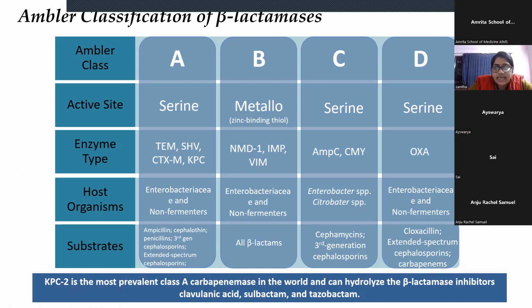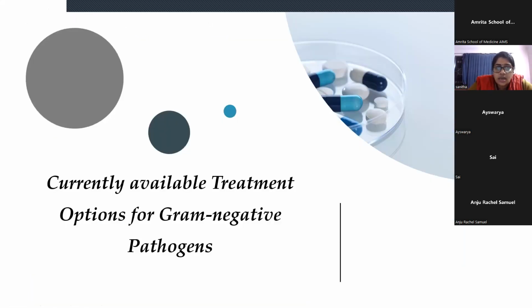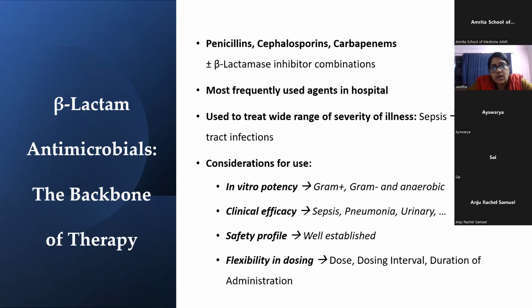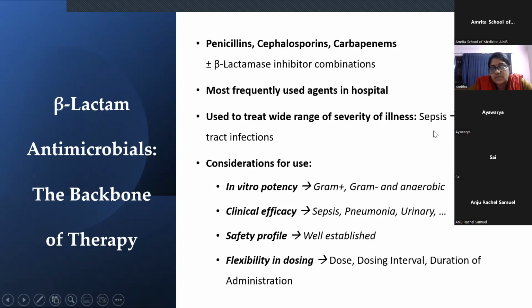Currently available treatment options are penicillins, cephalosporins, carbapenems, then aminoglycosides. These are used to treat a variety of illnesses from sepsis to urinary tract infections. They have a good safety profile, and there is flexibility in dosing.